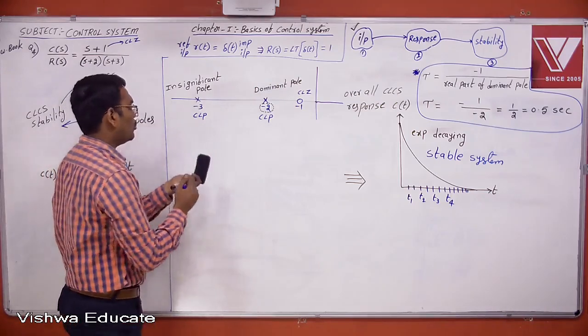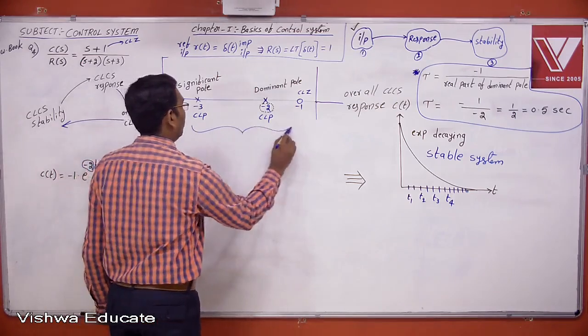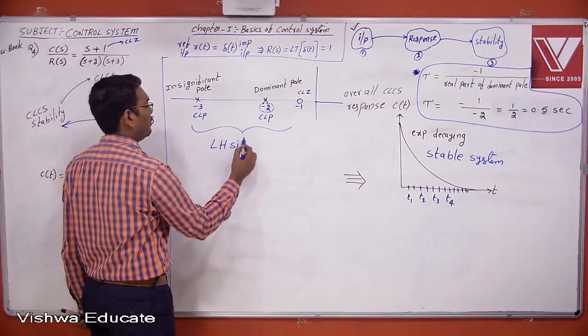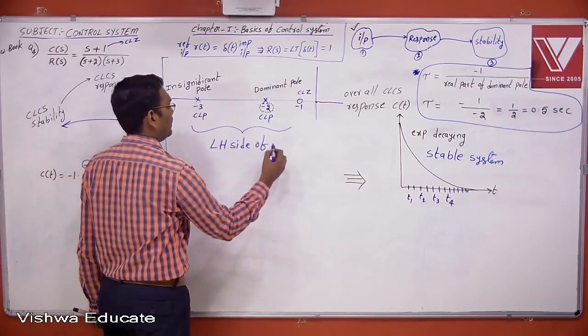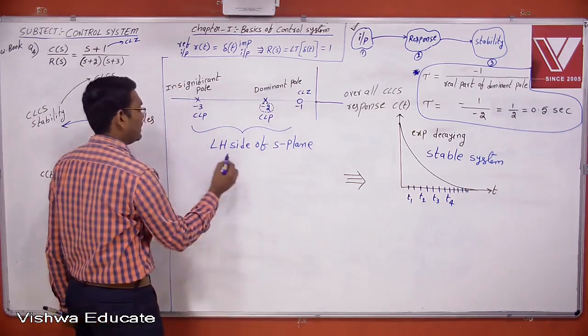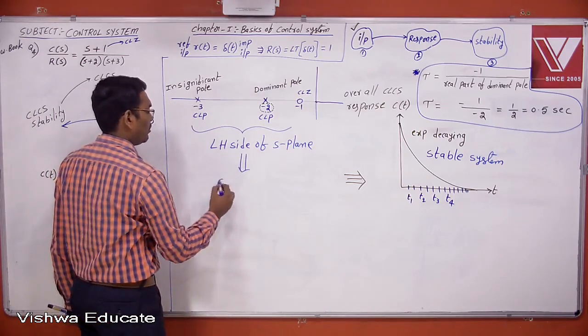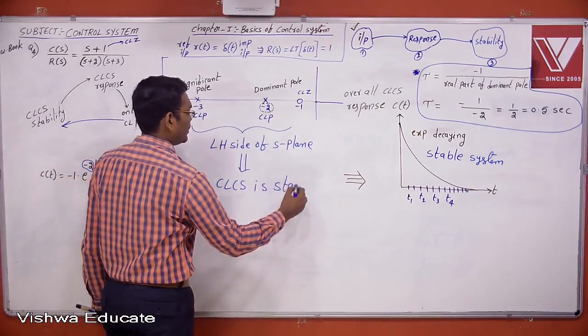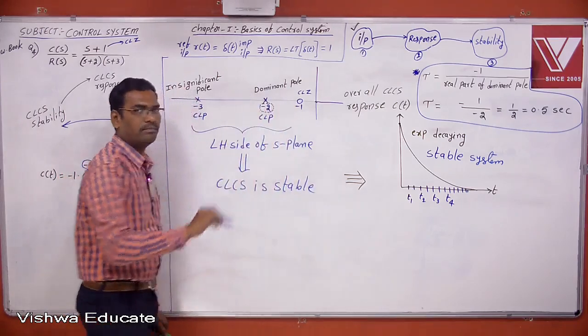If your closed loop poles lie on the left-hand side of the S-plane, the closed loop control system is directly stable. Very simple.